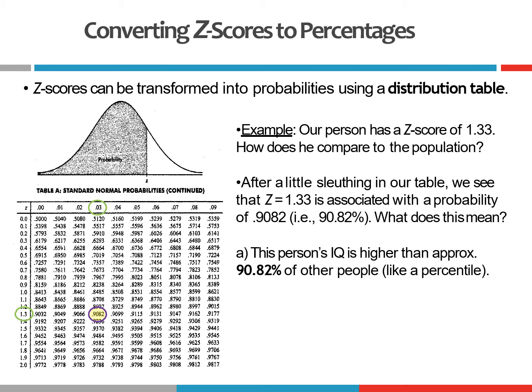So what does that mean exactly? Okay, this person's IQ score of 120 is higher than approximately 90.82% of other people's.